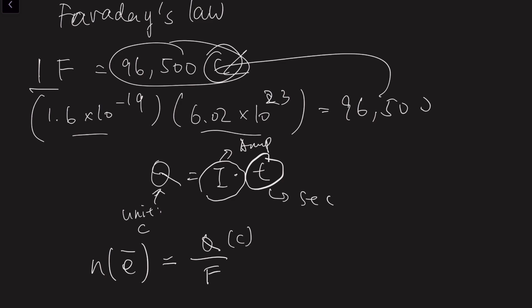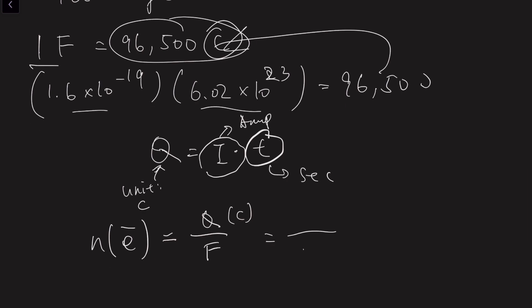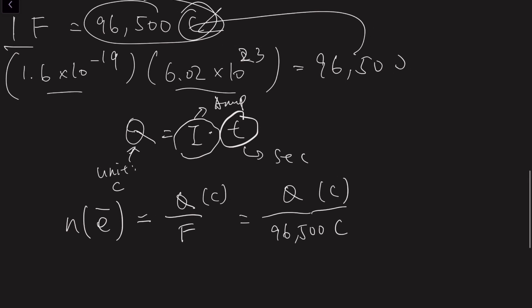So this is the quantity of charge passed through your system. And we know that 1F is equal to 96,500 C, and Q is also in terms of C. And this 96,500 C coincidentally is also the charge of 1 mole of electrons.